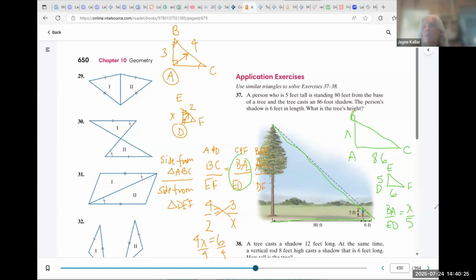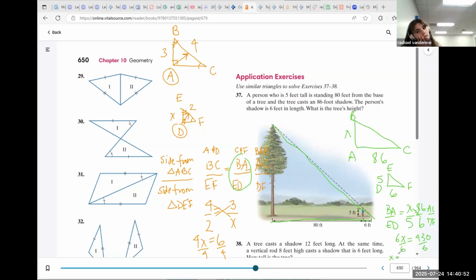Okay, so AC to DF. And what's AC? 86. And DF? 6. Then you cross multiply, and you get 6x equals 430, and then divide by 6, and you get 7.16, or if we round it up, 7.17, and that's the height of the tree.